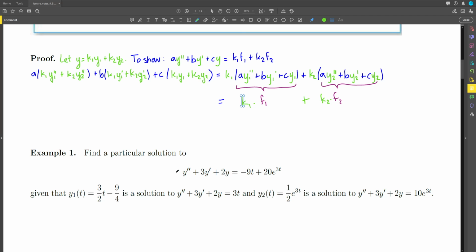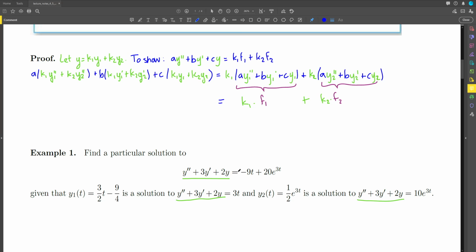Now, what you need to notice here is that the left-hand side is the same for all of these differential equations, right? They're all y double prime plus 3y prime plus 2y. Now, this is a particular solution to the differential equation where the right-hand side is 3t.